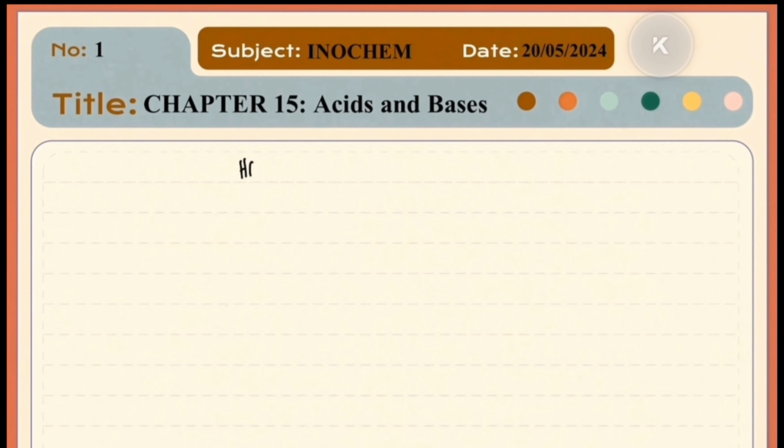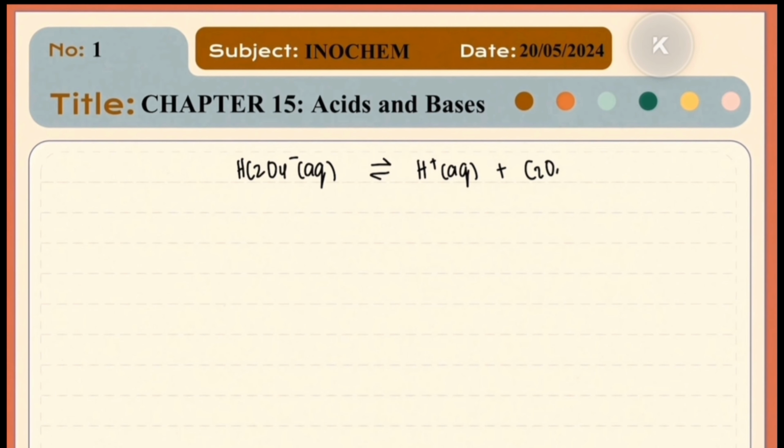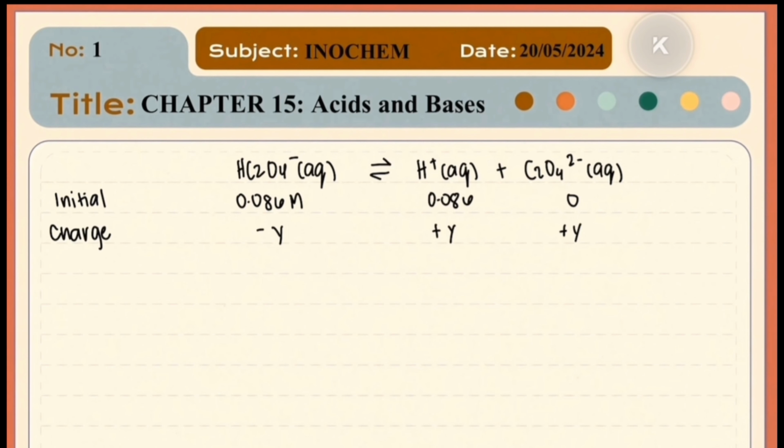Para sa ating pangalawang chemical equation, which is HC2O4 negative, o yung ating hydrogen oxalate ion kanina, in aqueous solution, is at equilibrium with H plus in aqueous solution plus C2O4 2 negative in aqueous solution, o yung ating oxalate ion. Upon solving kanina, nakuha natin yung initial concentration ng ating hydrogen oxalate ion and yung ating hydrogen ion which is equal to 0.086 molar.